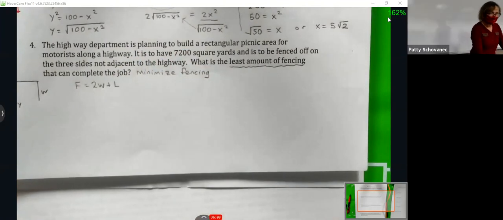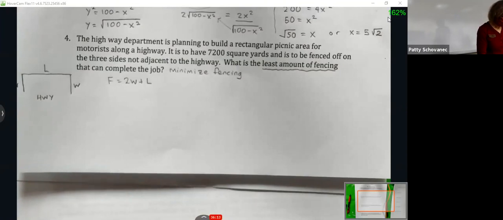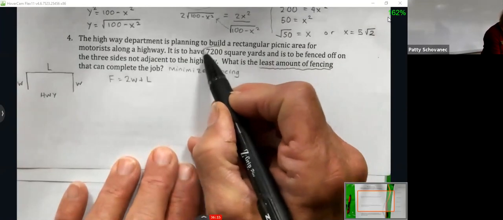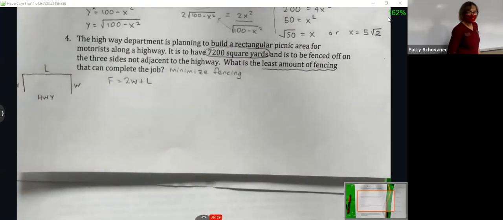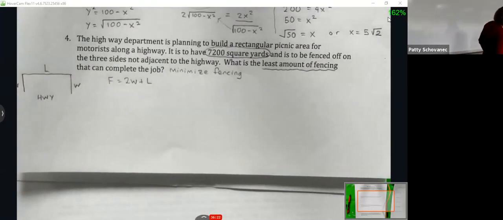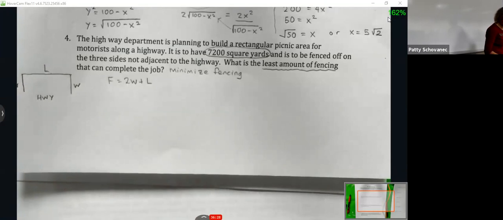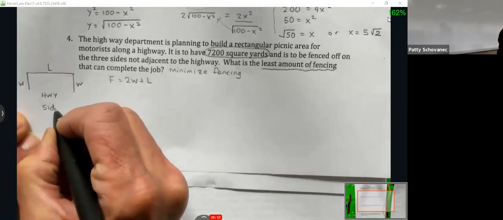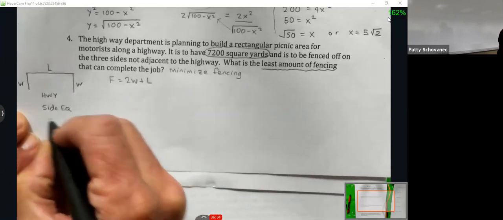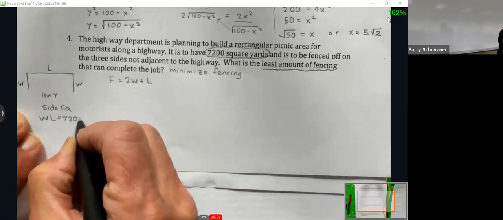Can't quite take the derivative of that yet. So we've got to go write an equation that uses our number. You said that 7,200 was an area. So on our rectangle, the area will be given by W times L. So our side equation says W times L is 7,200.